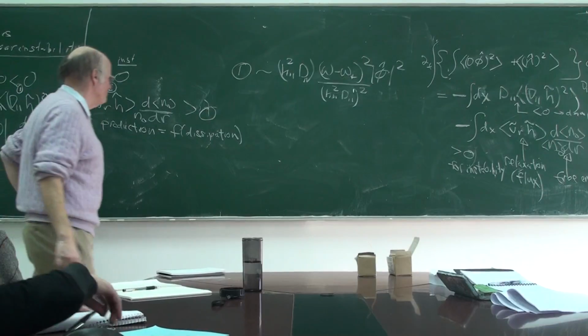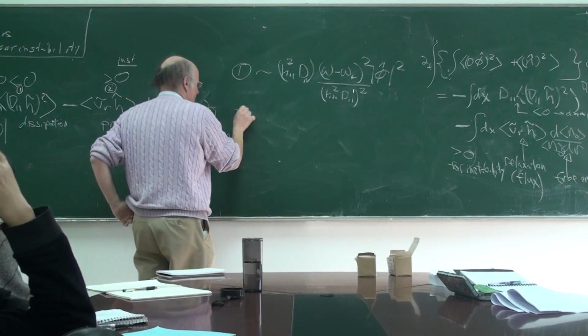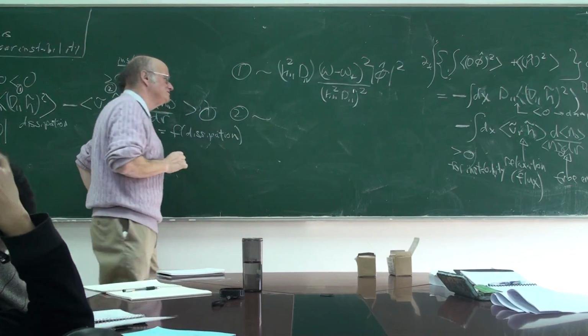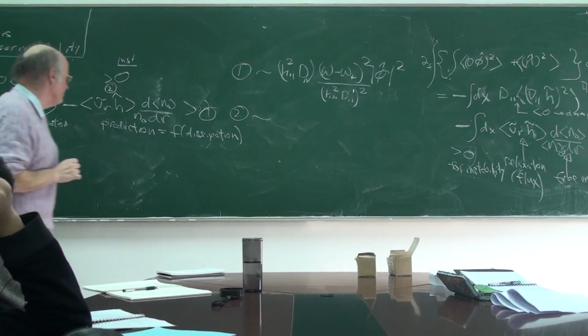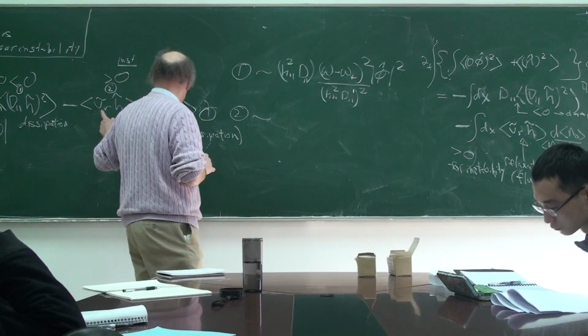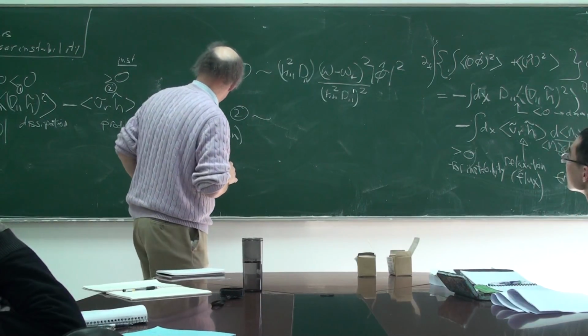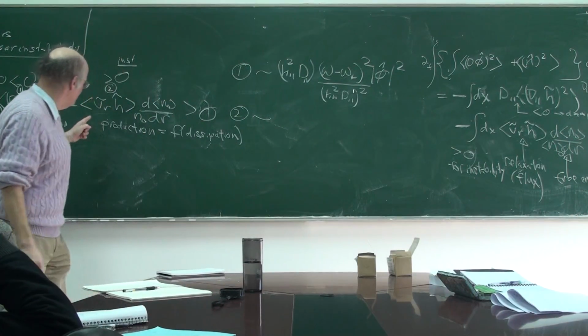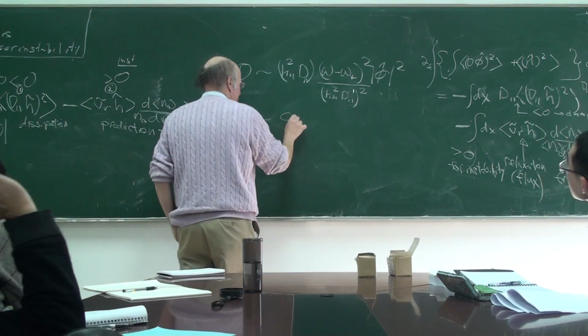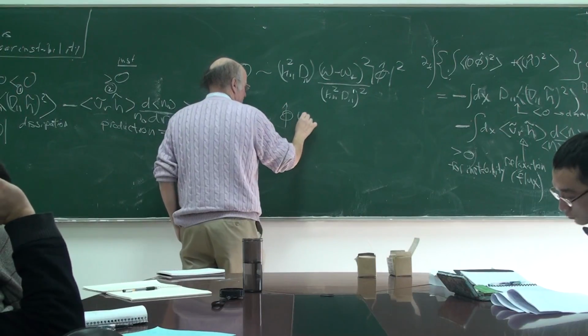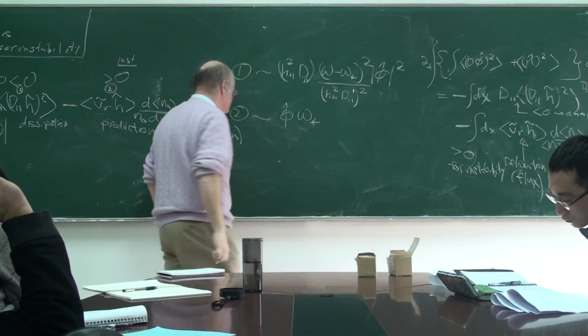Term number two, well, what's the magnitude? In terms of a frequency, you have v radial times this. This is going to be basically phi hat times omega star.